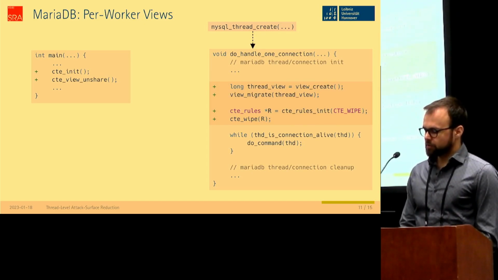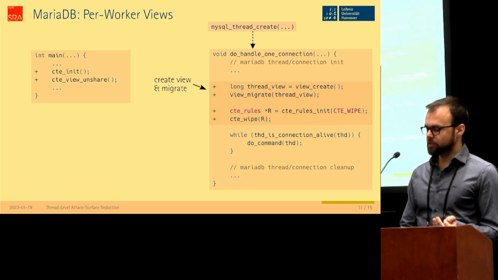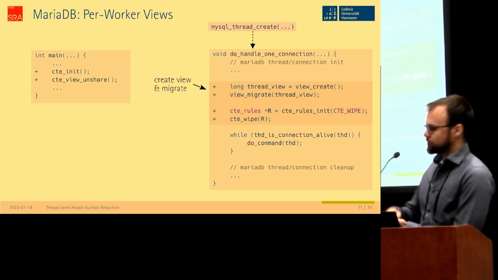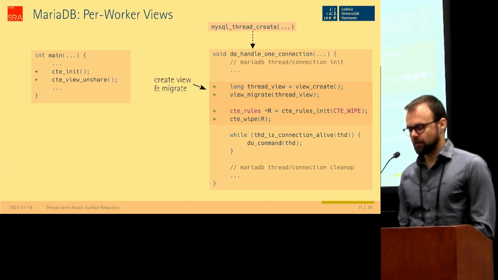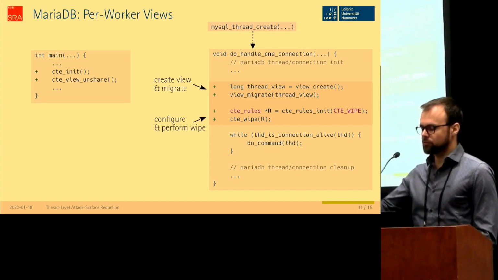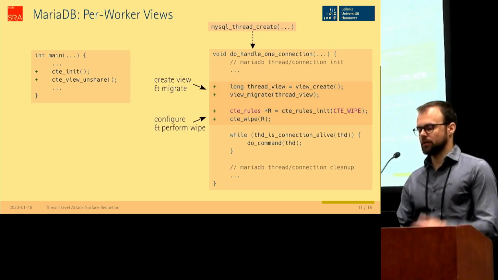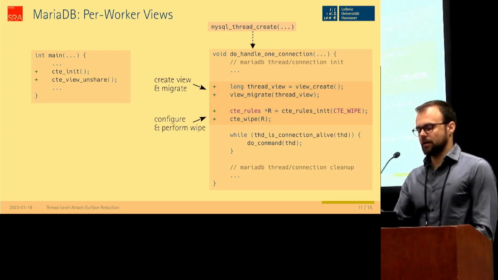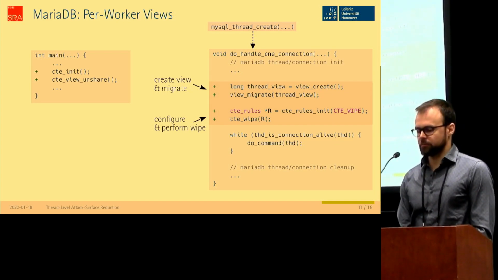Now we can use CTE. We first create a new view, then migrate the thread to this new view, and next we wipe everything. This is achieved by first creating a wiping rule set. In our case, it simply says wipe all the functions, and then we trigger the elimination by calling cte_wipe.